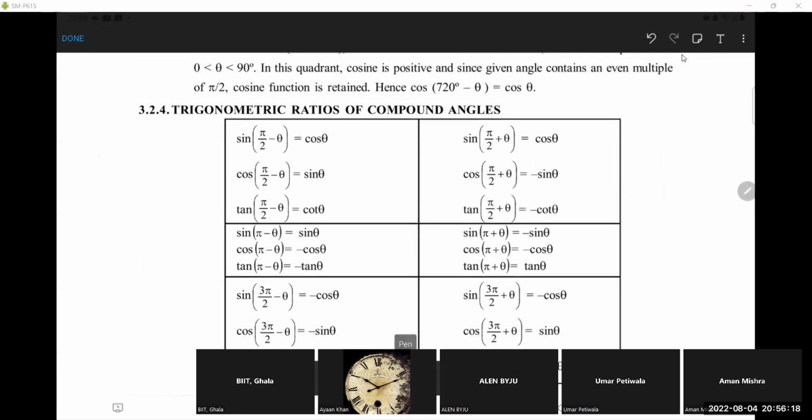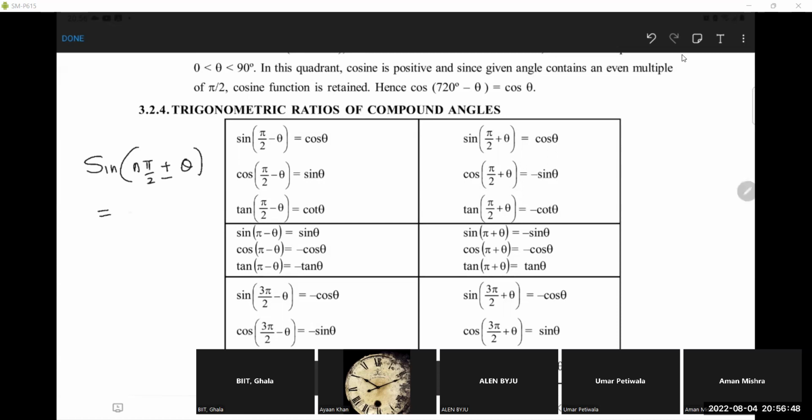Remember this. Sine of n pi by 2 plus or minus theta. It can be plus or minus. We have to take the complementary. Sine's complementary is cos, and cos's complementary is sine.